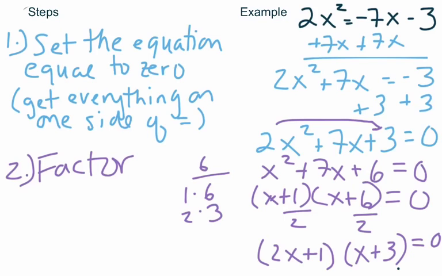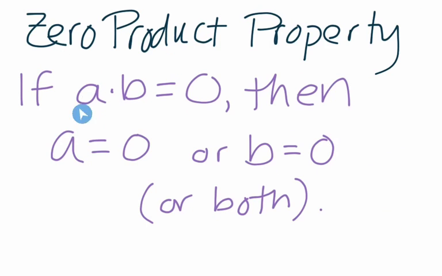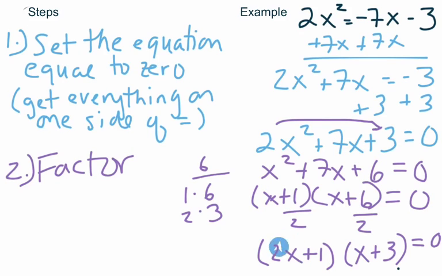But what we've done there is we've written it as A times B equals 0. And we know that if we have 2 things multiplied together and the product is 0, then one of these factors, or both of them, could have to be 0. At least one of them needs to be, and they both could be. So those are our options. All right, so let me move over to the next slide.